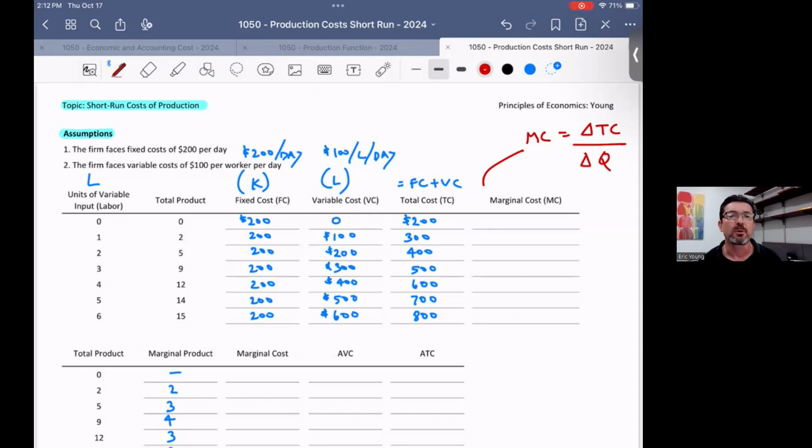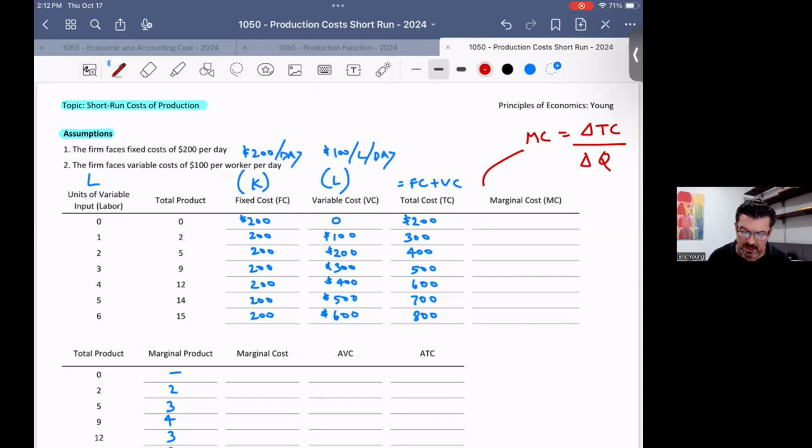So in our example with our little pizza factory, marginal cost is the additional cost you have to incur to make each additional pizza. Or in mathematical terms, delta TC, the change in total cost, divided by delta Q, the change in output. But we don't need to be afraid of delta, because we're just going to be subtracting and dividing. We can do this.